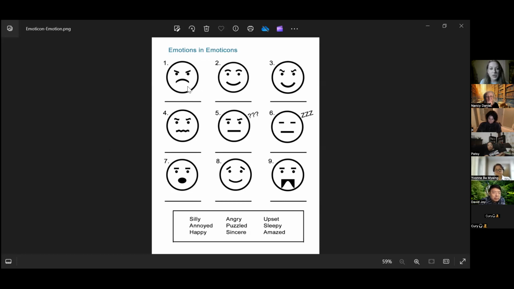So what word do we think probably goes with number 1, out of the little vocab list down below? Angry. I agree, Patsy. I would go with angry for this one. So for number 1, we're going to go with angry.